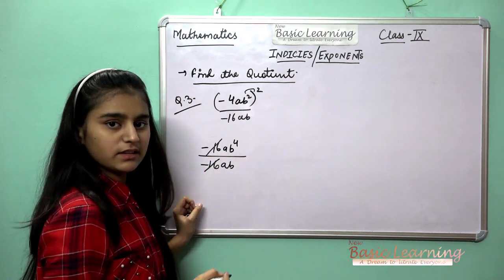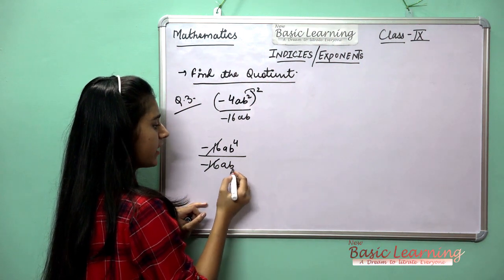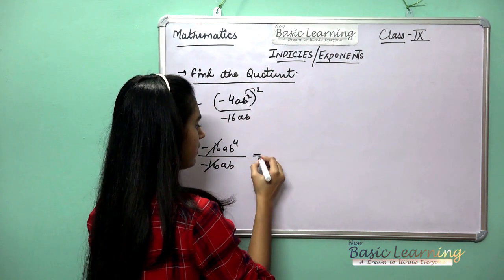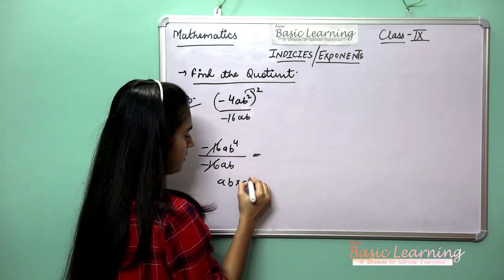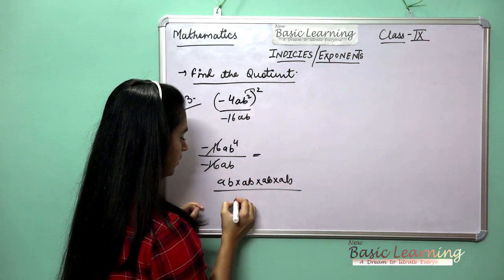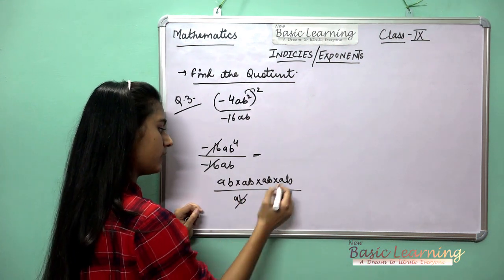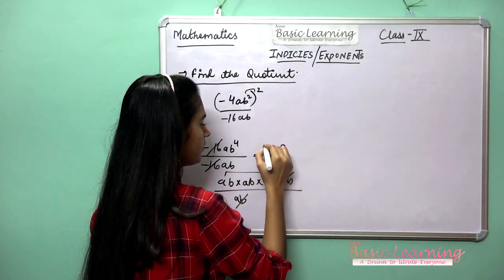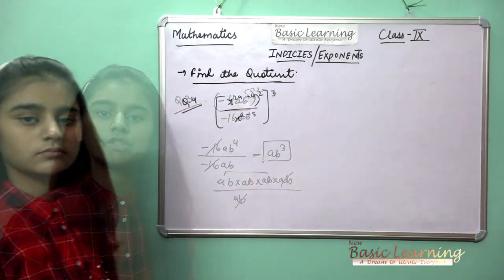Minus 16 and minus 16 are cancelled, and when we subtract the exponents, or you can do ab into ab into ab into ab upon ab, it will be 3 times, so it will be ab cube. This is the answer.